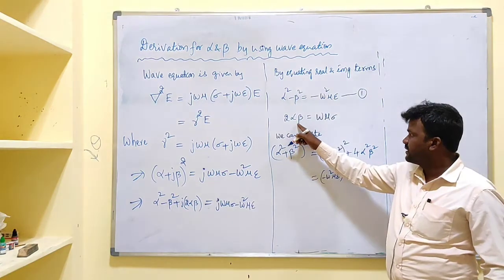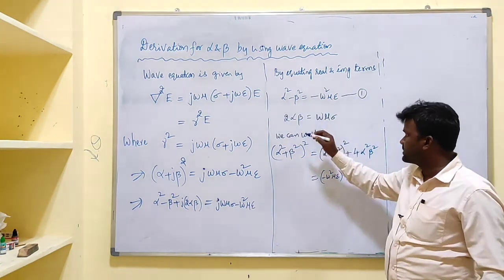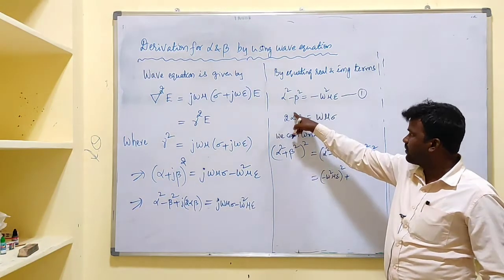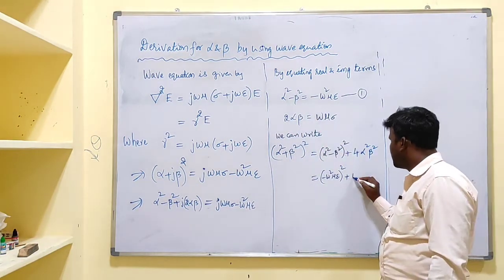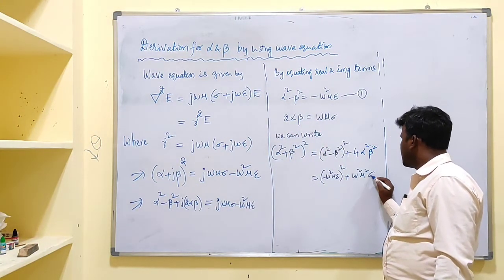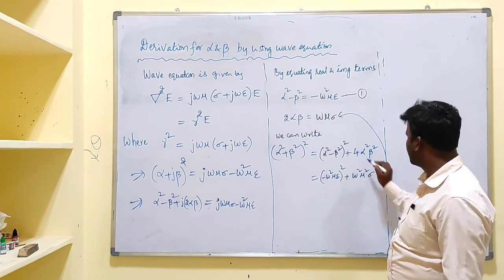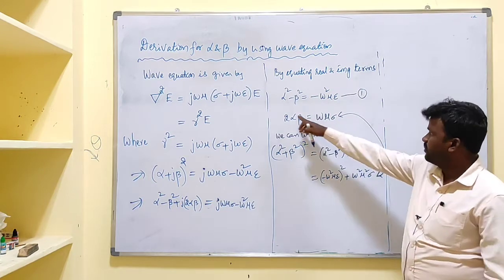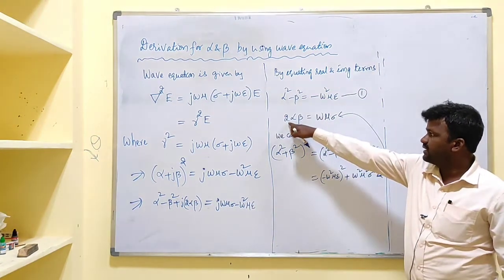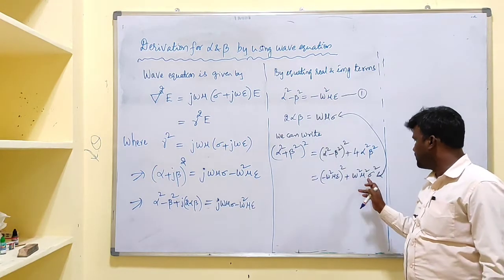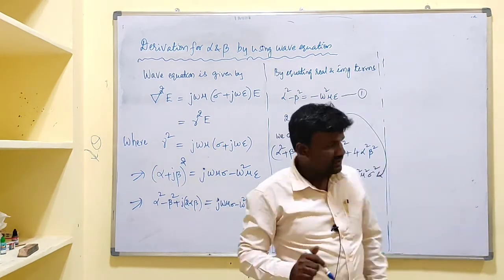2 alpha beta, if I apply square on both sides, I will get 2 alpha beta whole square, which is 4 alpha square beta square, equal to omega square mu square sigma square.